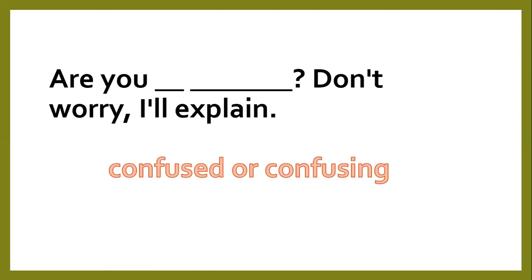Are you confused or confusing? Don't worry, I'll explain. We are going to use with ed or with ing. What do you think? Exactly. We are going to use the adjective with ed because we are talking about a feeling.